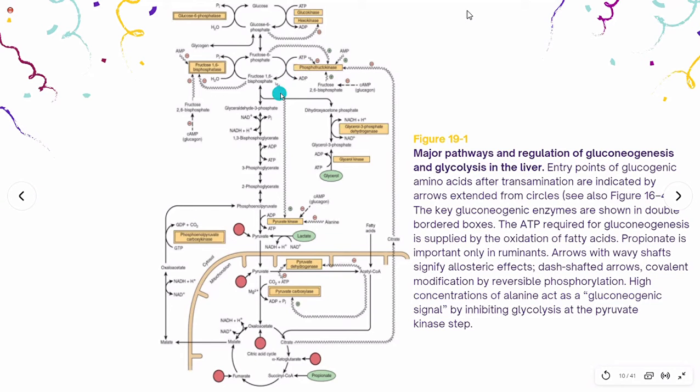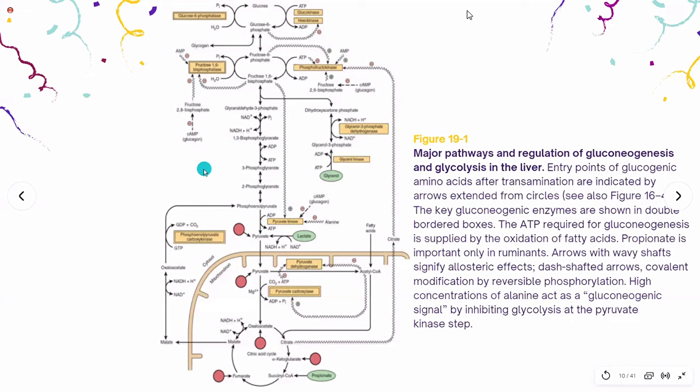And the third step is this one, pyruvate kinase. Look at the arrow. This is irreversible. This is also irreversible. This is irreversible. You see that? This is your glycolysis. So we need to bypass this.